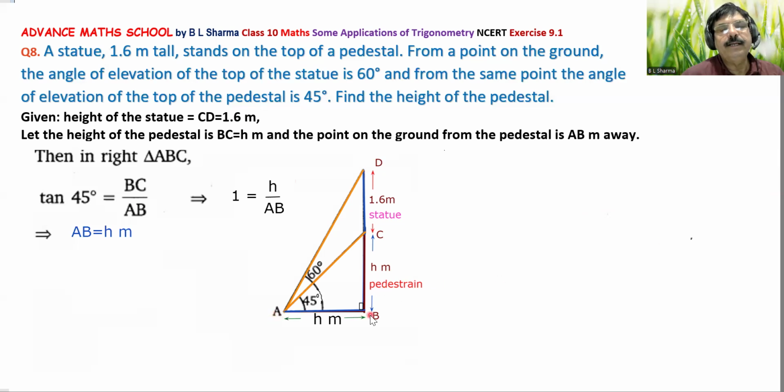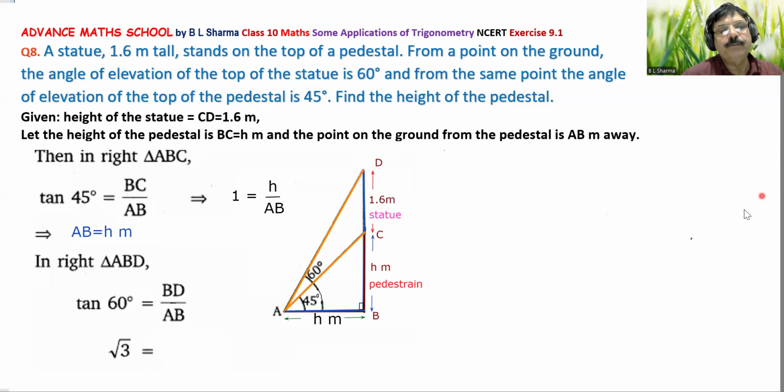Now in right triangle ABD, BD upon AB for the acute angle 60 degrees, perpendicular upon base, that is again tan 60 degrees. The value of tan 60 degrees is root 3.